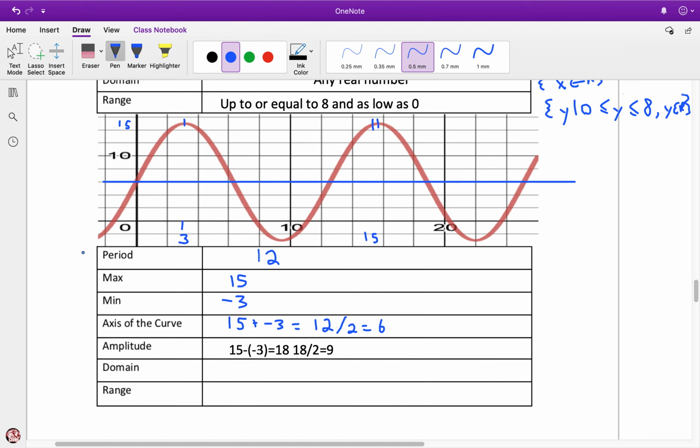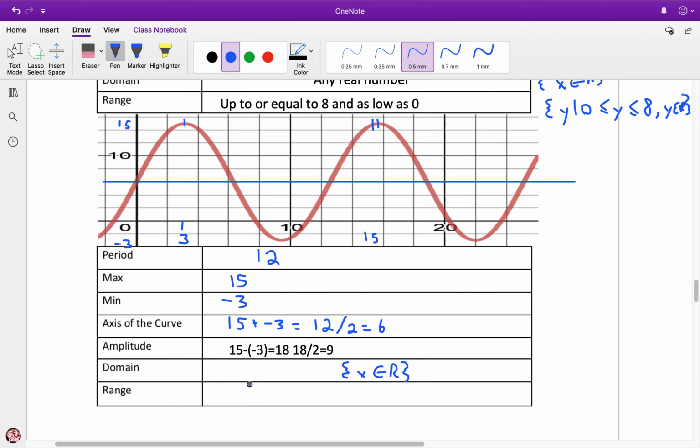As always, for a sine, the domain is going to be any real number. So x is any real number. And then our range is a high of 15, a low of -3.